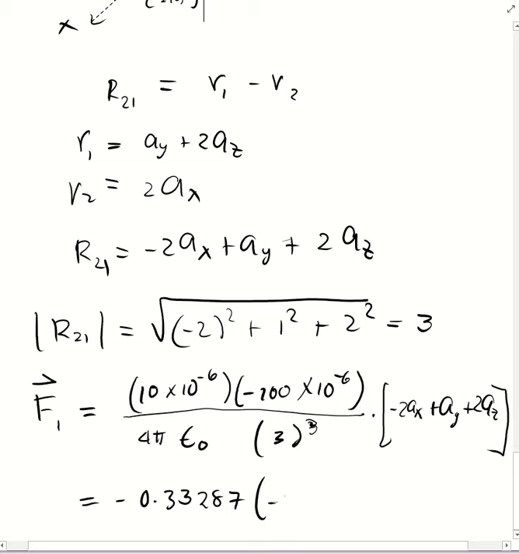Then you multiply it with negative 2ax plus ay plus 2az.